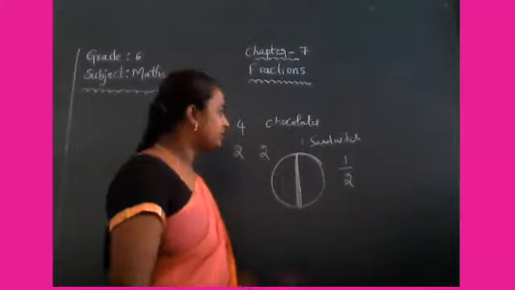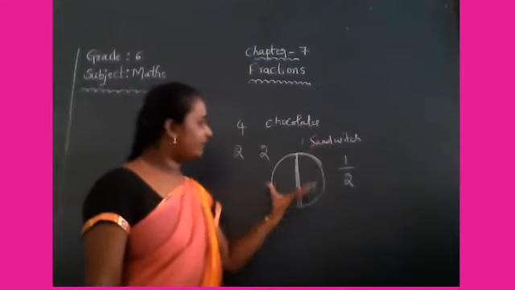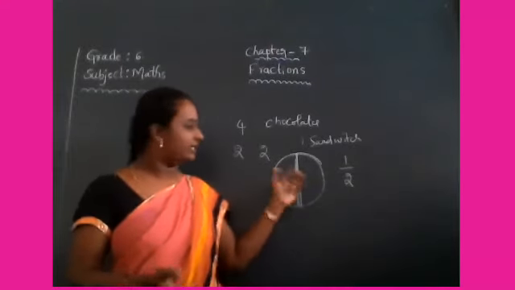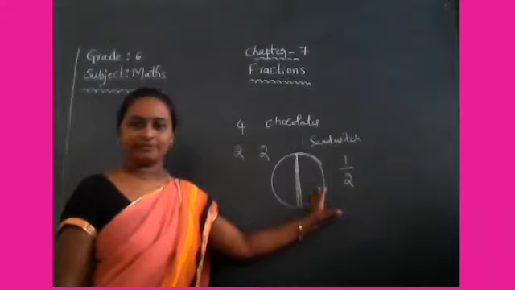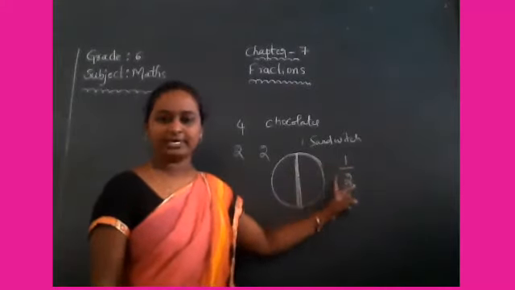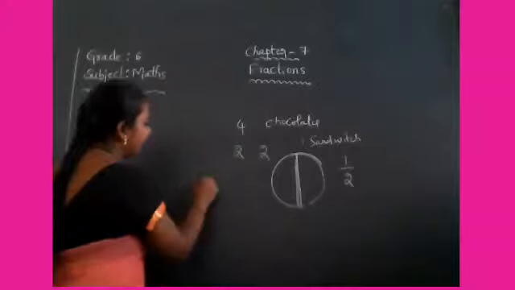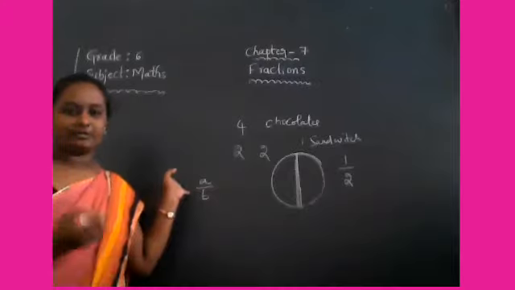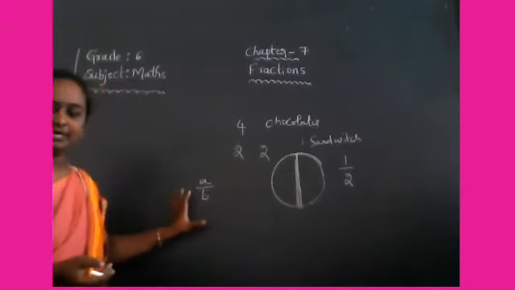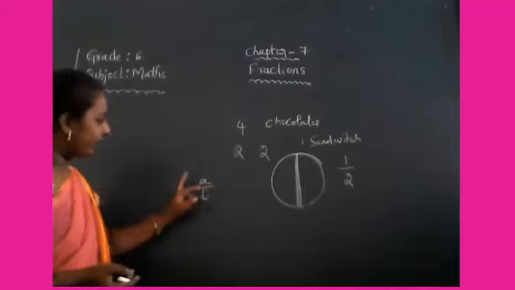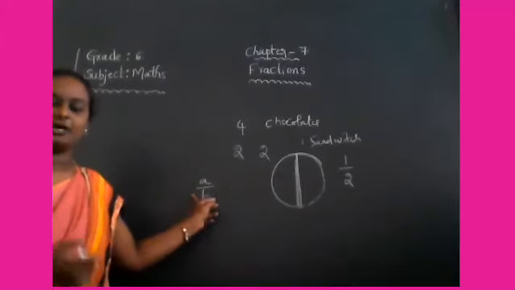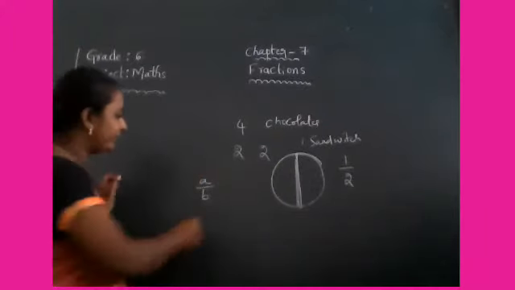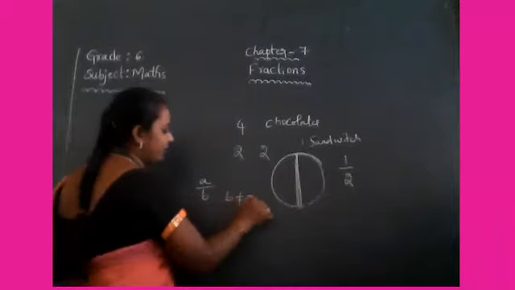Okay, so the fraction is a part of whole. So that may be a single object or group of objects. It is in the form of a by b, or p by q, where a and b are natural numbers or whole numbers, where b is not equal to 0.